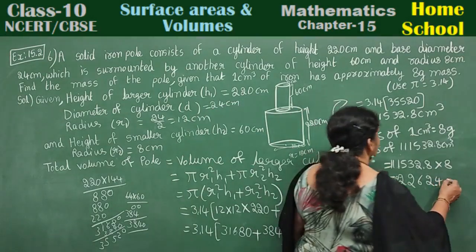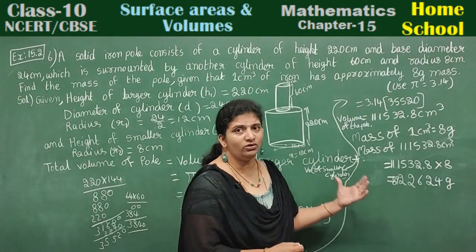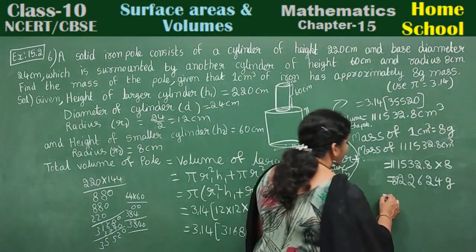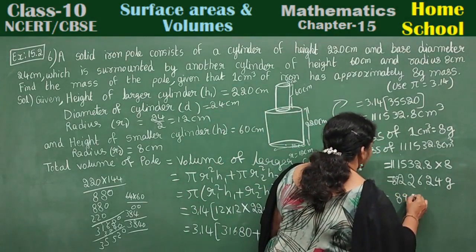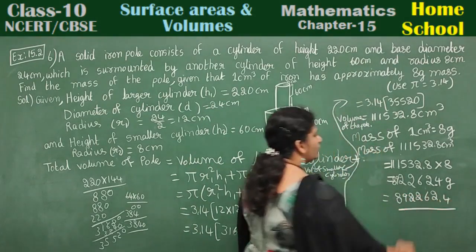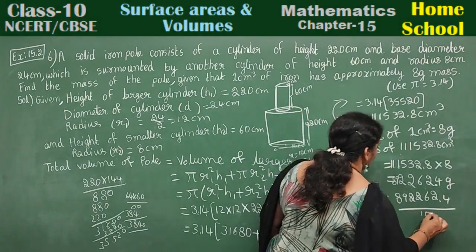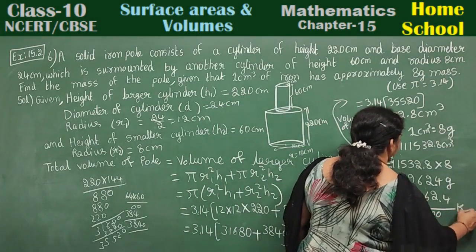This is grams, right? Convert this grams into kilograms. How can we convert this? You divide this with 1000, then it will be converted into kilograms.